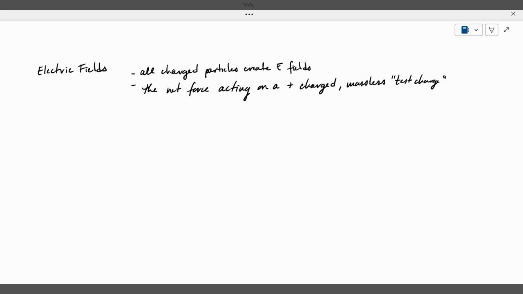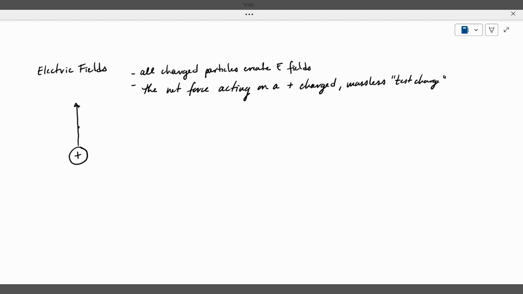All right. So if we look at, say, a positively charged sphere, if we were to put a test charge, say here, it would be pushed away. And the farther we got, that would get weaker and weaker.